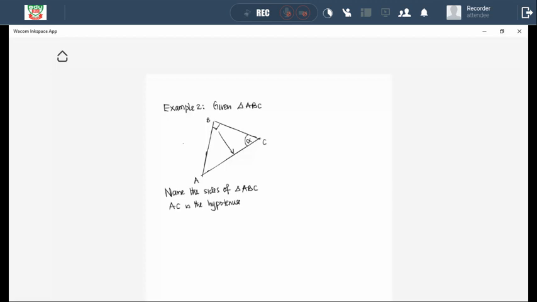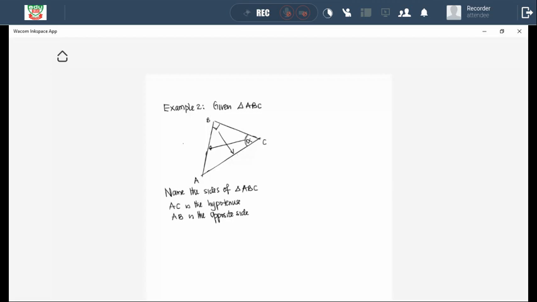Remember, the hypotenuse is always opposite to the 90-degree vertex. Now, if this alpha is the reference angle, it means AB is the opposite side.